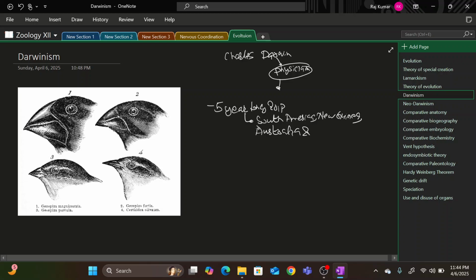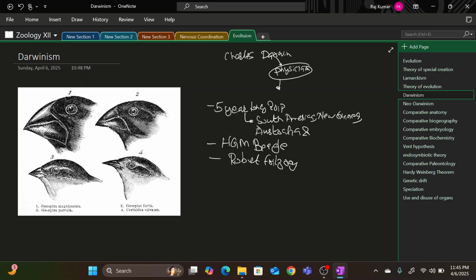Over the 5 year trip, he went on a ship named HMS Beagle, and the captain of the ship was Robert Fitzroy. The reason I'm telling all these points is that there is a significance to all this information.